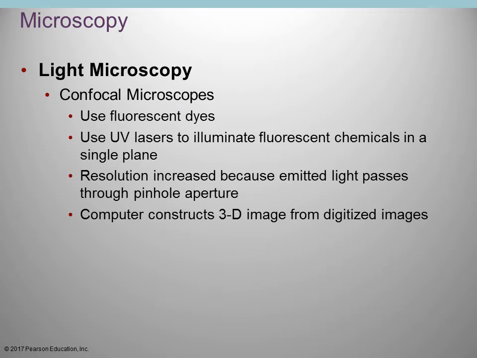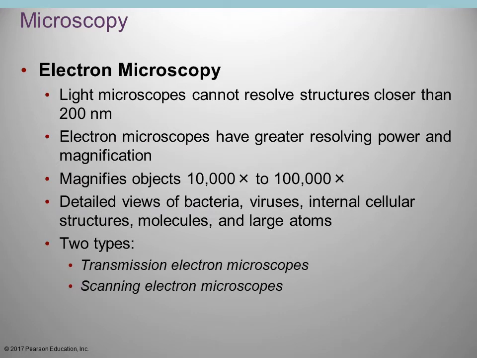Confocal microscopes also use fluorescent dyes. The resolution tends to be increased, and you can generate 3D images using this. Now, electron microscopes are going to be able to see much higher magnification. So obviously you can see smaller things.